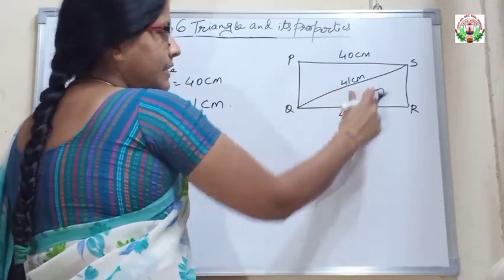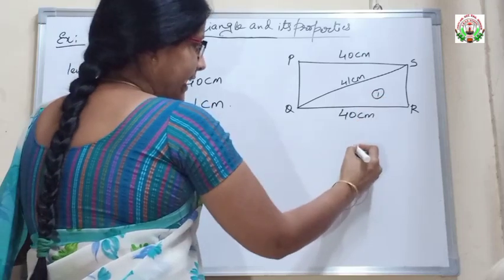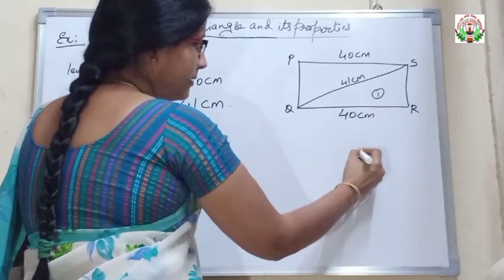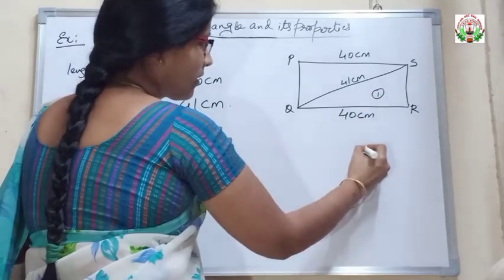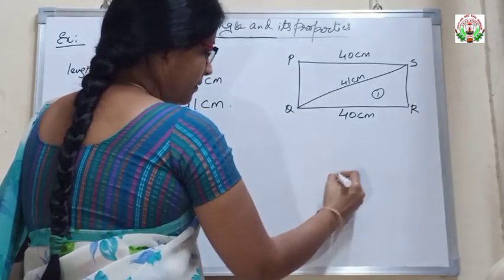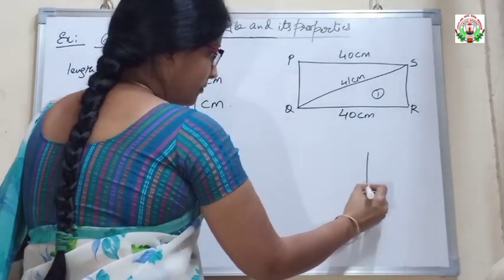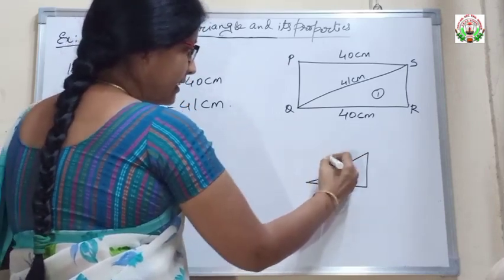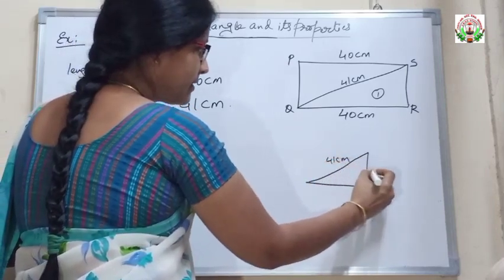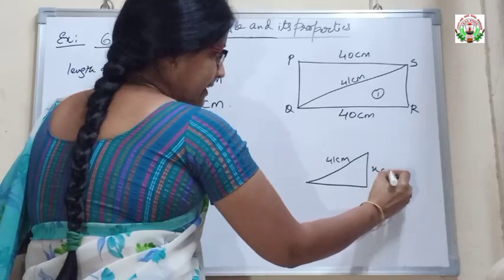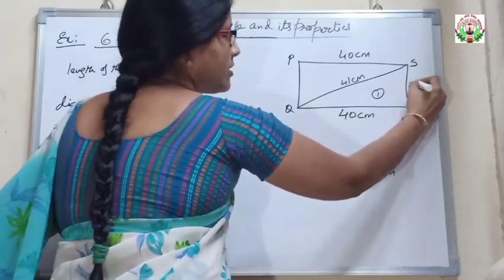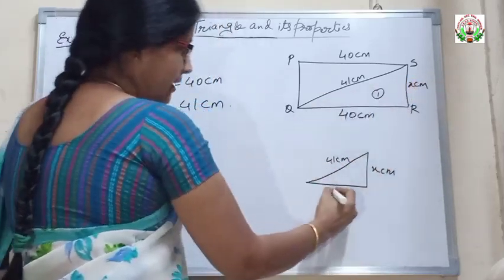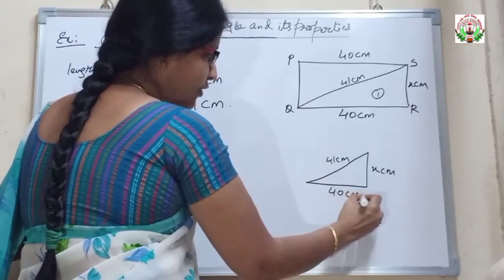The rectangle will be in this shape. Here it is 41 centimeters. Here it is x centimeters. We have to find this, because x centimeters is the breadth, and here the length is given as 40 centimeters.